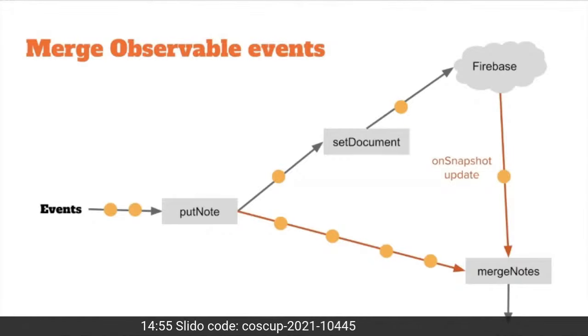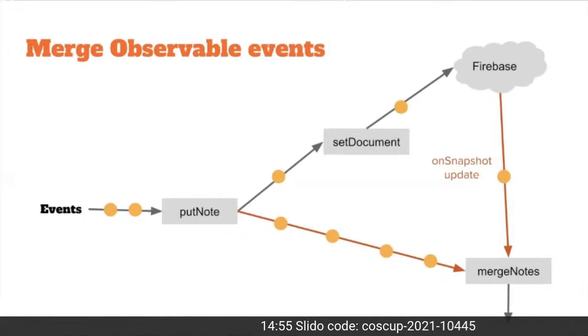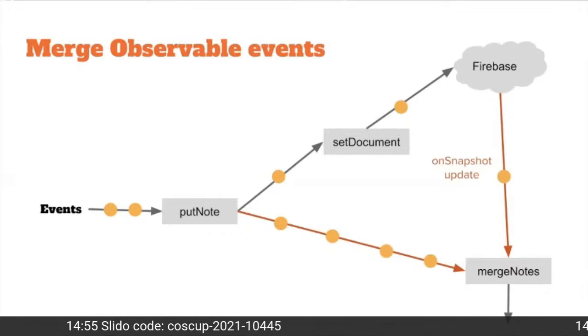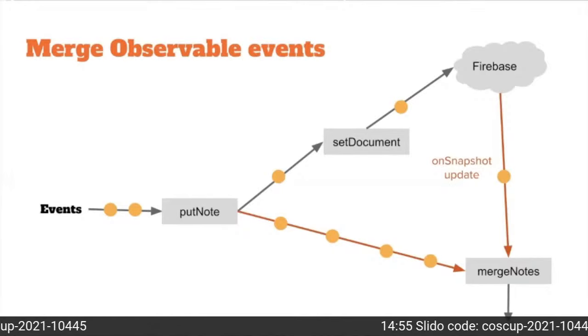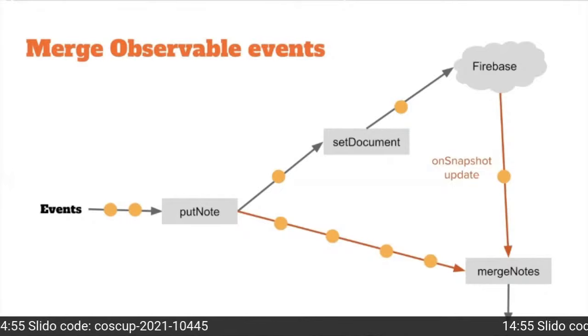The observable from local is for better user experience, and the observable from Firebase is for the operations coming from other users, since we are using a centralized data storage, and this is a cooperative sticky note. So we all need to get events from someone else.